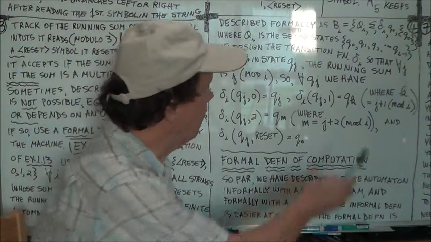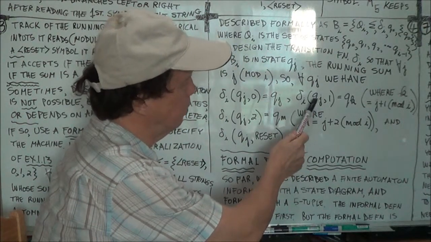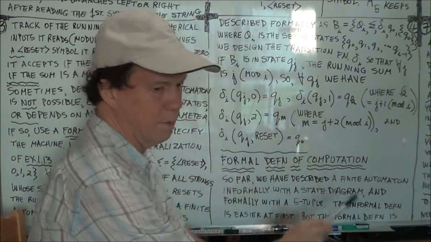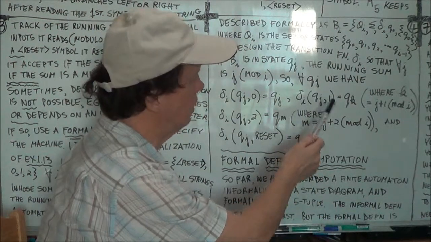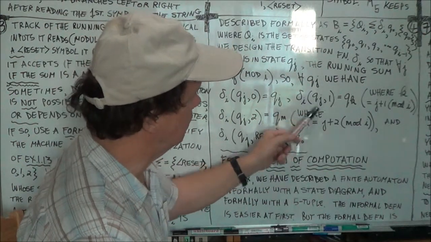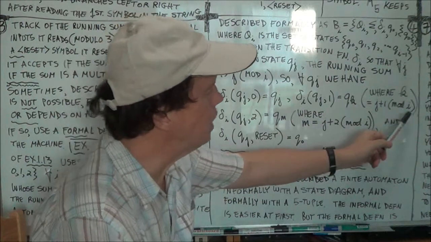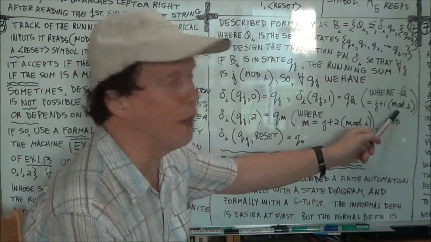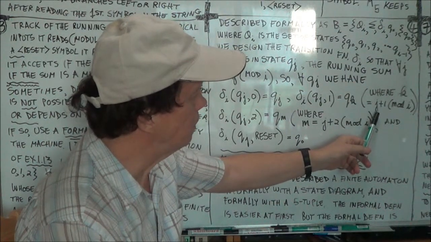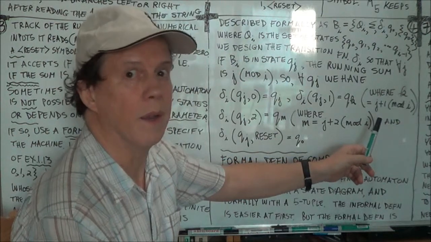Okay. Now, similar logic. So if you're in this state, in other words, that's your running sum. Your running sum is j, and the input symbol is 1. So you add 1 to this. So the running sum should now become Qj plus 1. Okay, but you need to mod it by I. I mean, it could happen that j is equal to I minus 1, right?